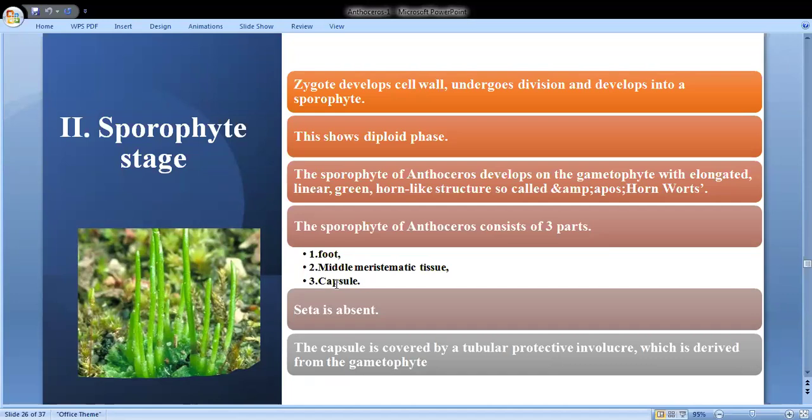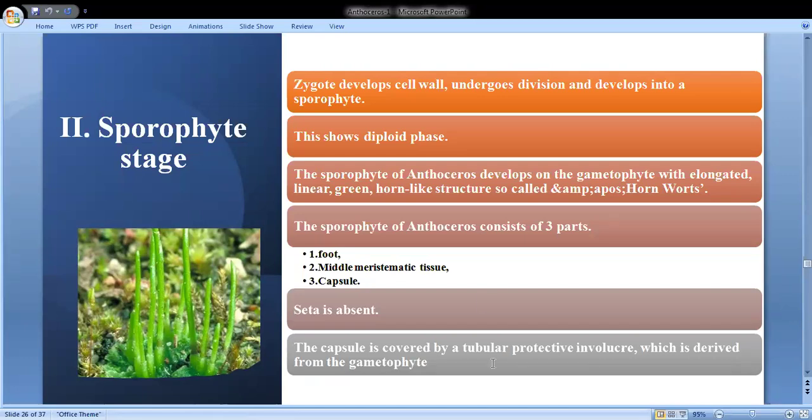So what did you observe from Marchantia and Anthoceros? What is the difference? Please tell me. Foot, middle meristematic tissue, capsule. These parts are present in Anthoceros. What parts are observed in Marchantia? Ma'am, in Marchantia, foot, seta, and capsule.